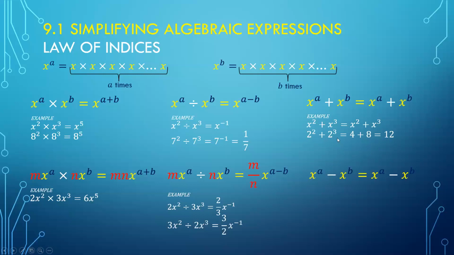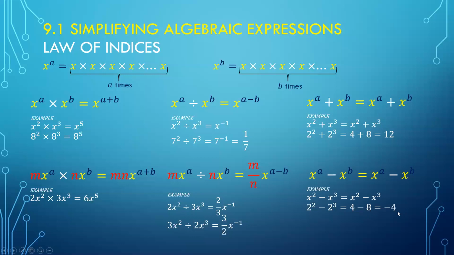Follow this law: when we have plus and minus, basically, this will be the final answer. For example, x squared minus x cubed, the answer still remains the same. But when we have numbers like that, we can individually find out each value, then get the final answer, which is negative 4 in this case, 4 minus 8.